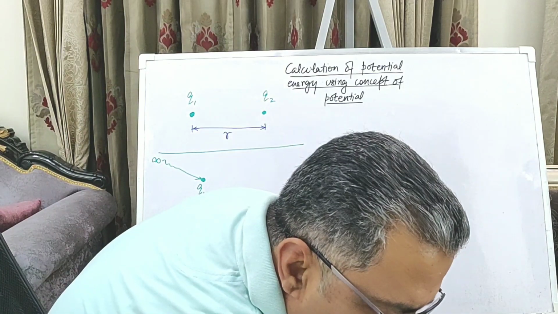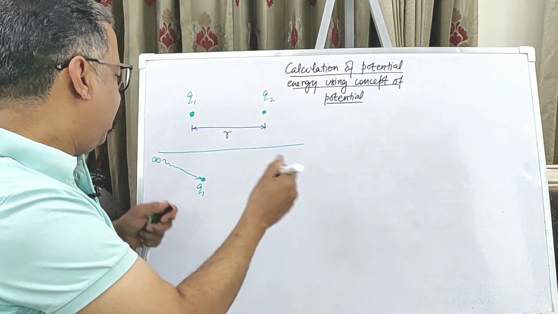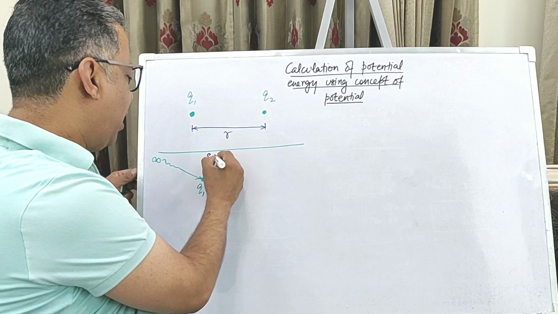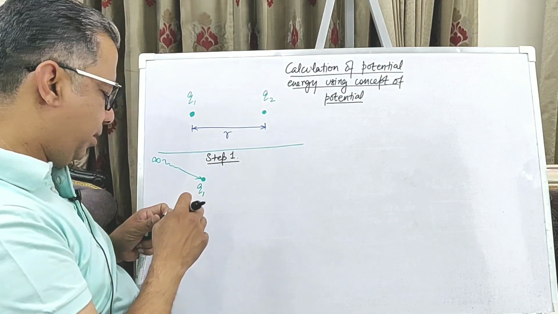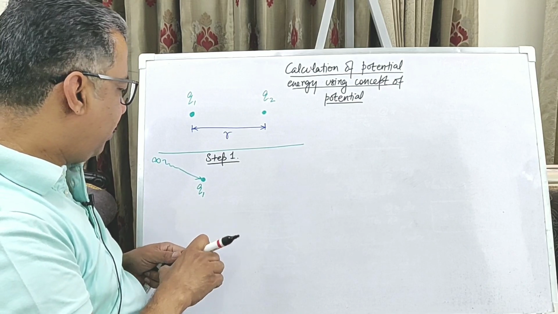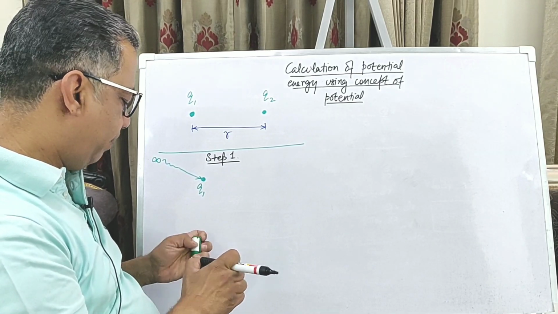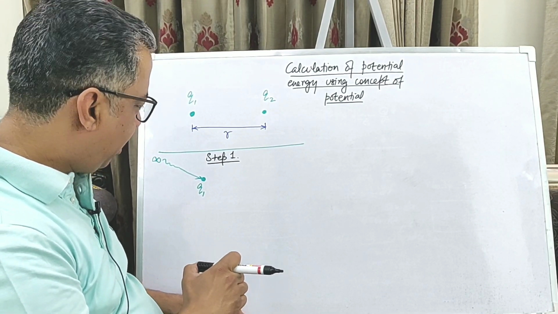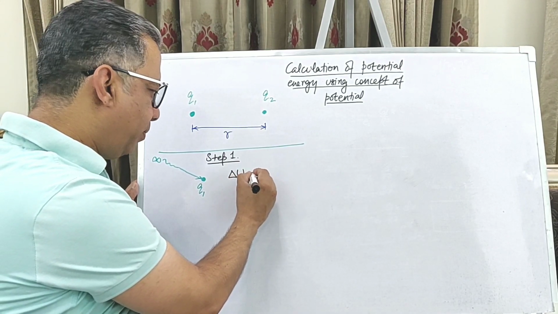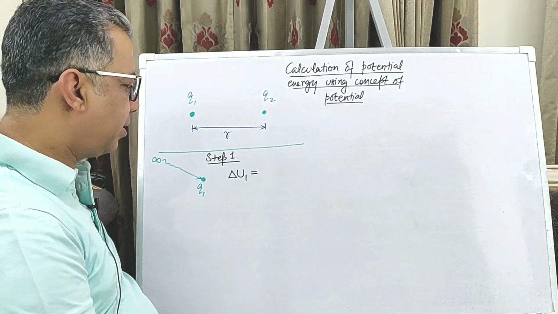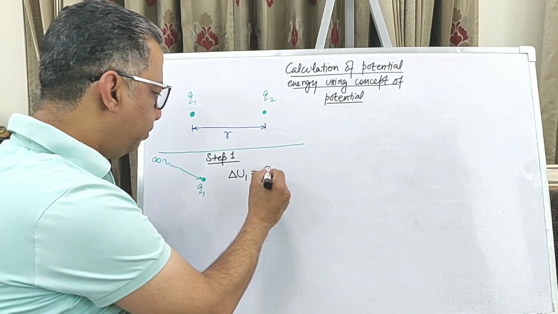This is step 1 in assembling the system, and in this step there is a change in potential energy delta U1, which equals 0.